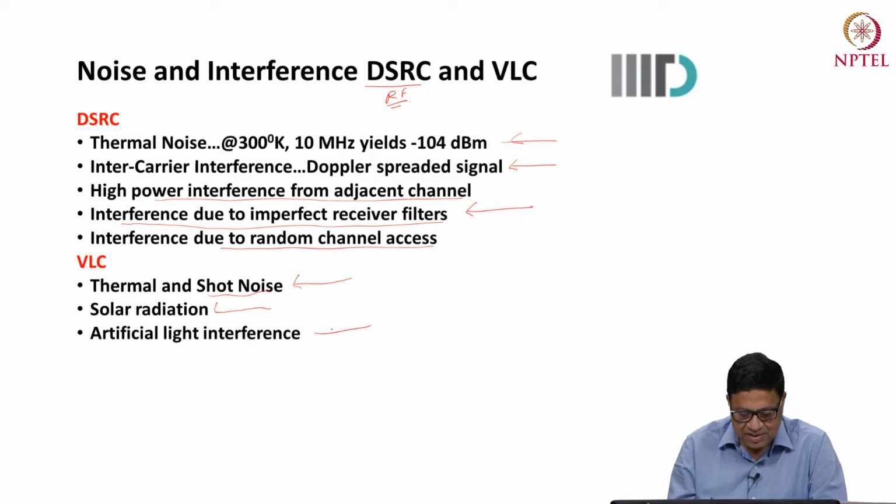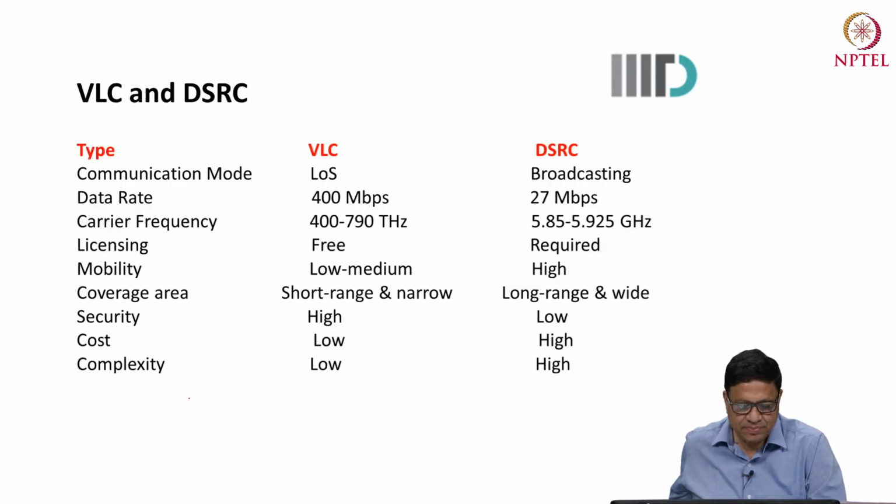Then artificial light, which is not from the headlight, any light other than the headlight and the receiver, will contribute to noise, so which is artificial light interference. So one has to handle with care these different types of noise which are getting generated in DSRC and visible light communication.